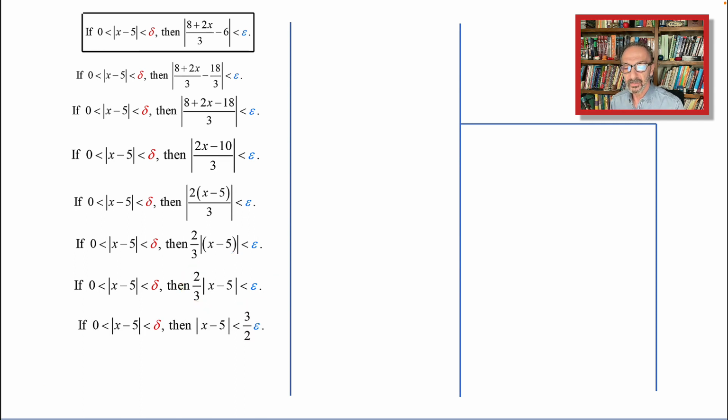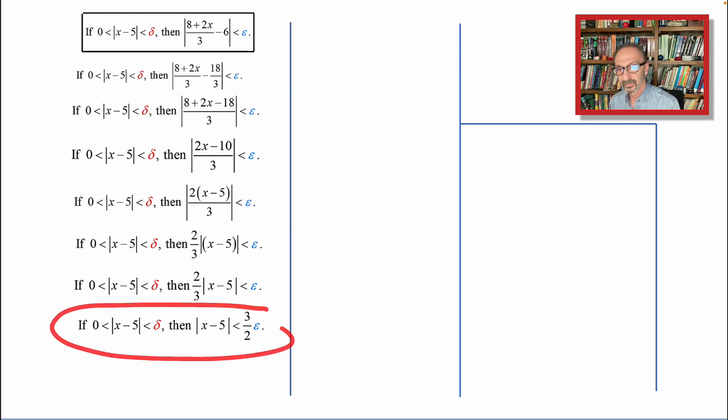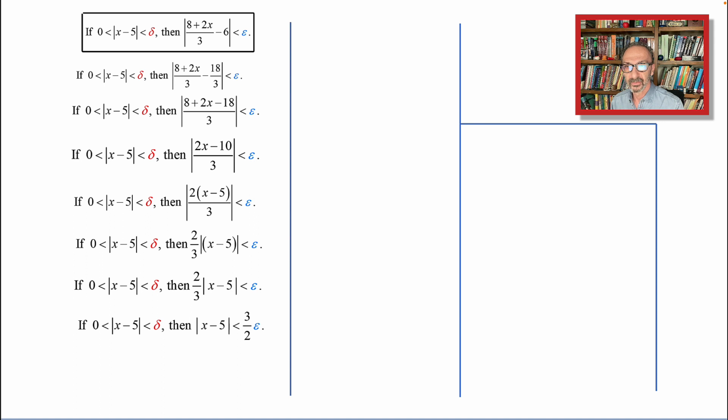I get the following. Well, that is a clear connection. If I want to prove this, it's the same thing as proving this. What do you think? Because I'm just simplifying and I'm writing the whole statement again and again.